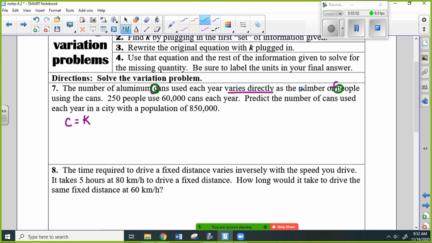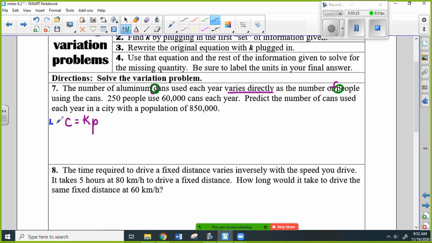That's completely up to you. Then I'm going to finish my equation: C equals KP. Cans varies directly with people. That is the first step from up above.